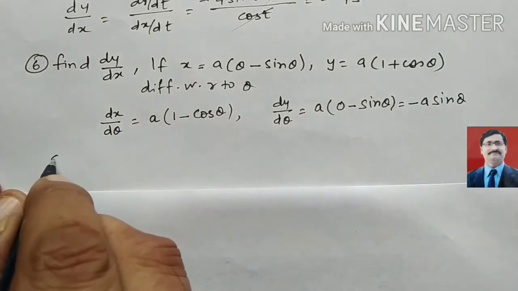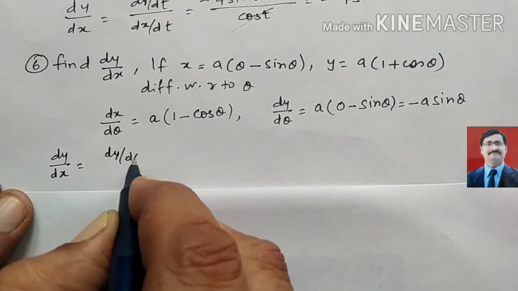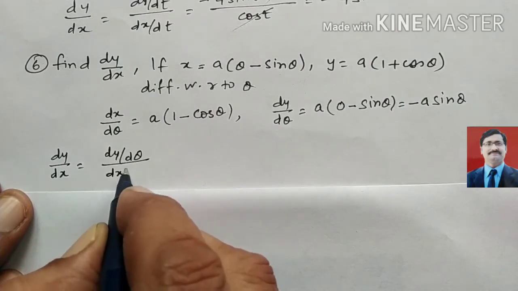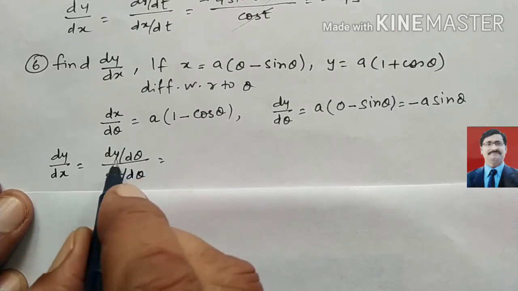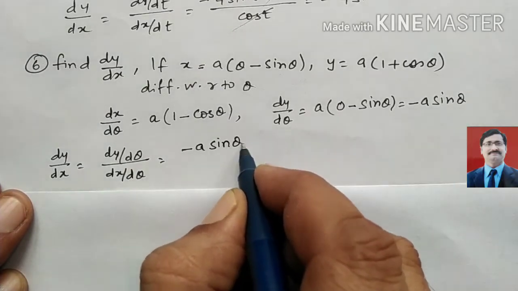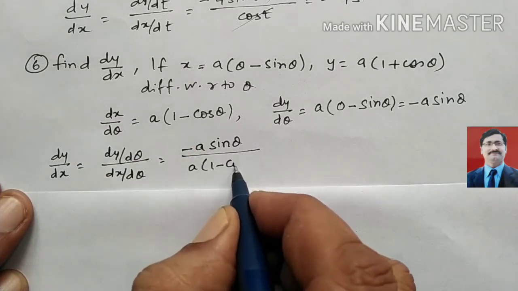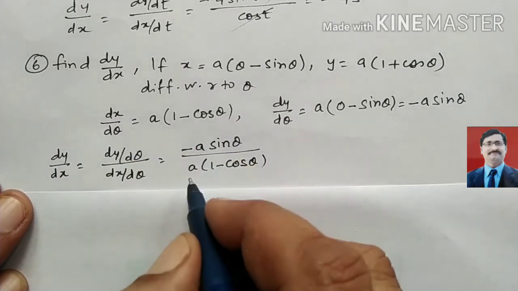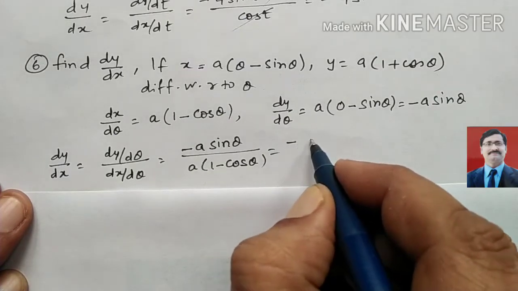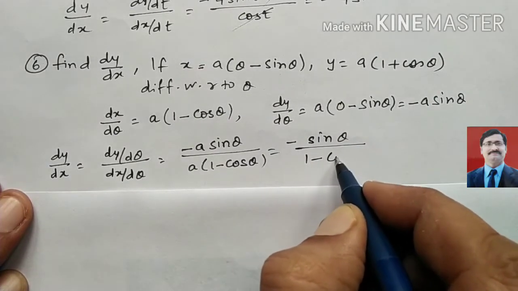We have to find dy by dx, which equals dy by d theta upon dx by d theta. Dy by d theta is equal to minus a sin theta, and dx by d theta is a times 1 minus cos theta. The a and a cancel, and we get minus sin theta upon 1 minus cos theta.